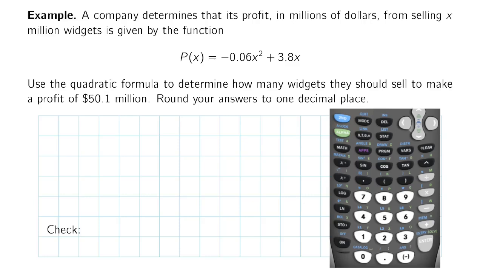And I want to call your attention to the green alpha key, and then above each key in green, a letter of the alphabet. When we press the alpha key, followed by the key underneath the letter, that gives us that letter of the alphabet.